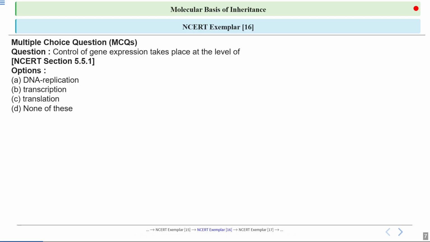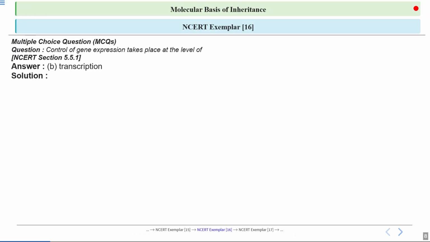So what will be the correct answer? Okay, so let's have a look at the answer. Option number B is the correct answer, transcription.